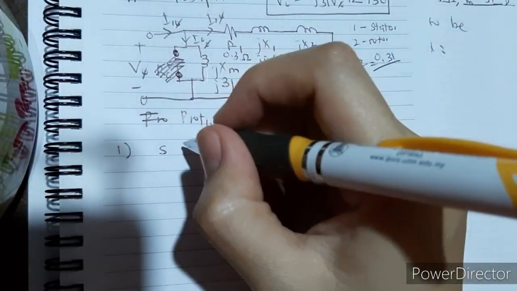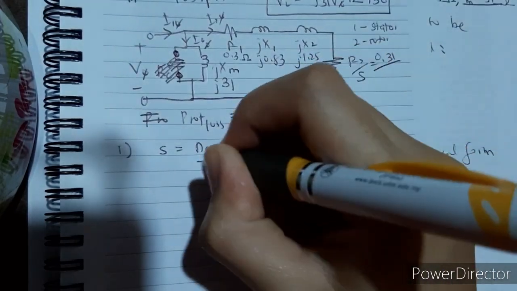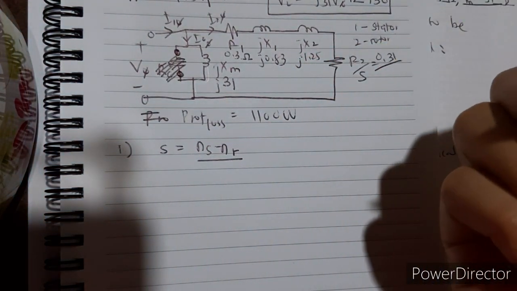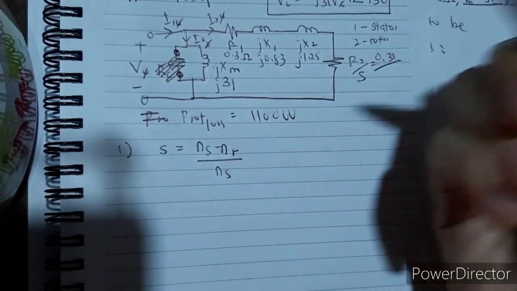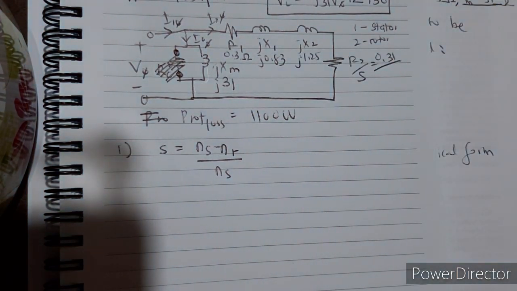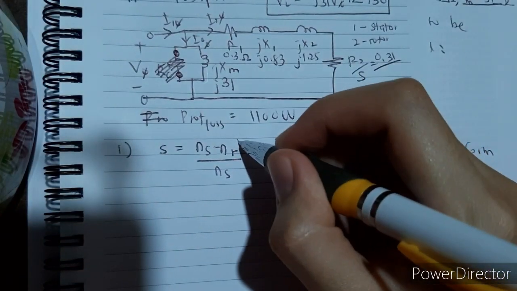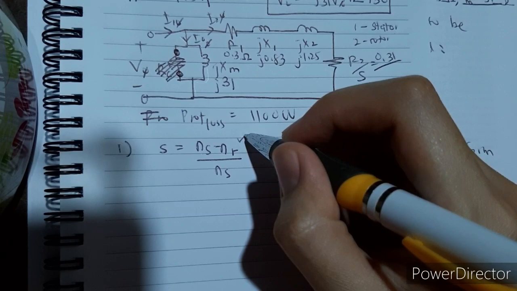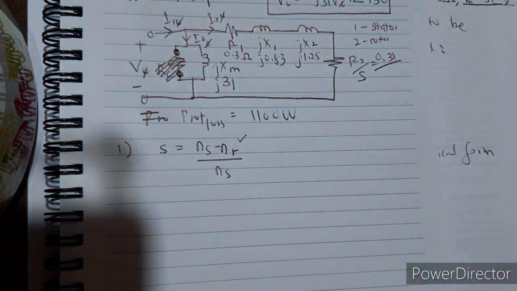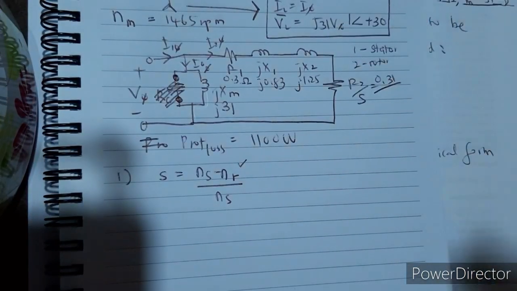So motor slip S equals to NS minus NR over NS. So you have NR already, that is equal to your NM lah. That is 1465. Yes. Okay.